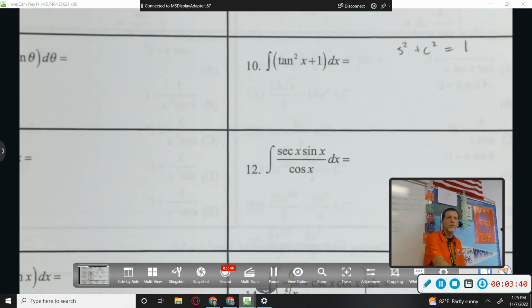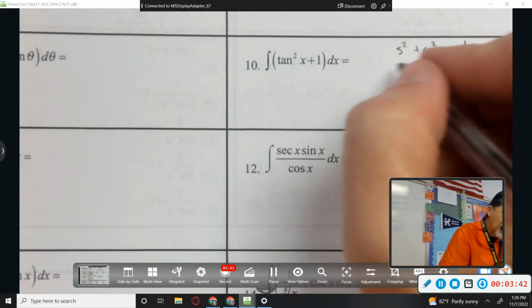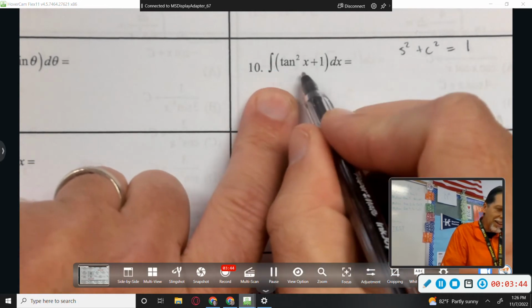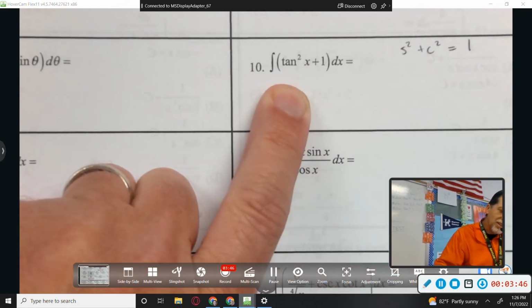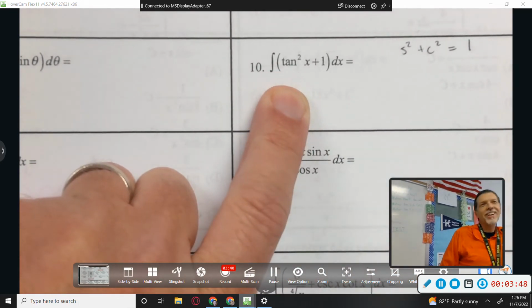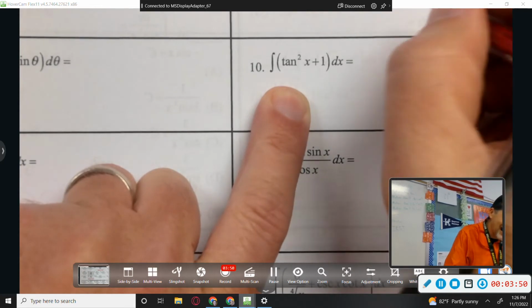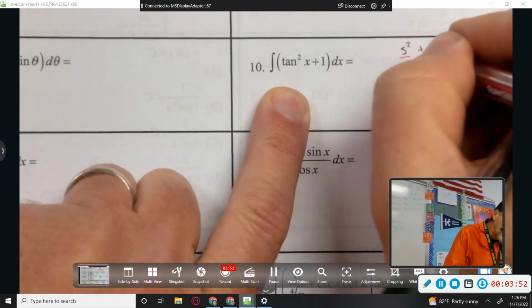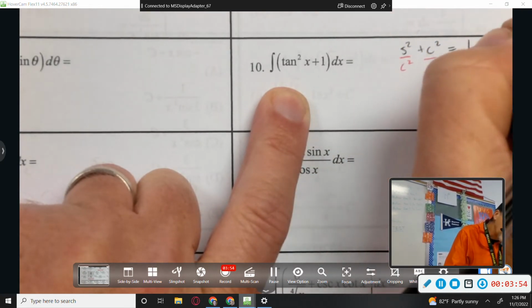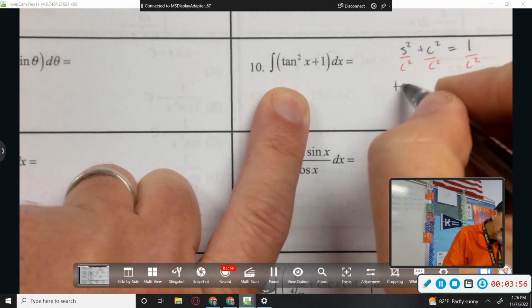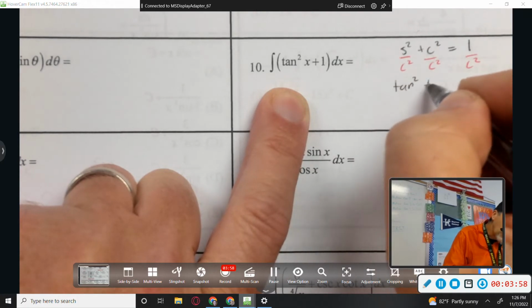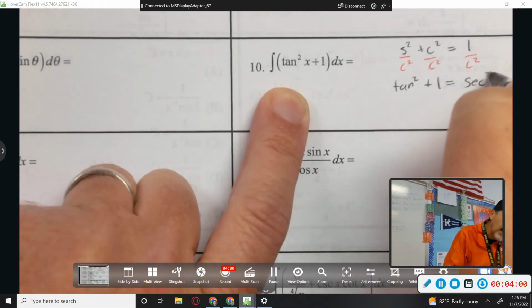And so, if I could make this look like tangent squared plus 1, if I divided everybody by cosine squared, I would get tangent squared plus 1 equals secant squared.